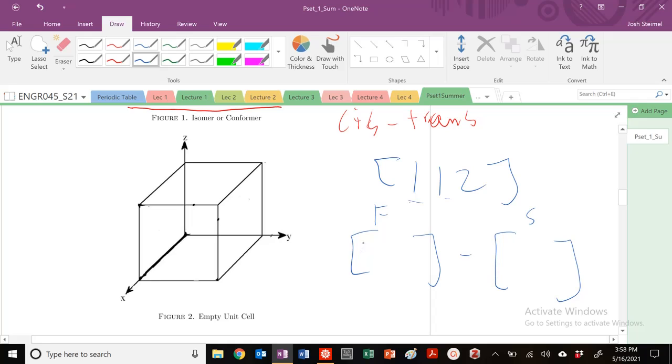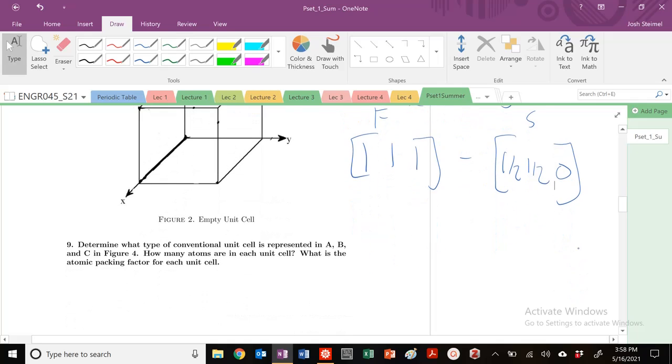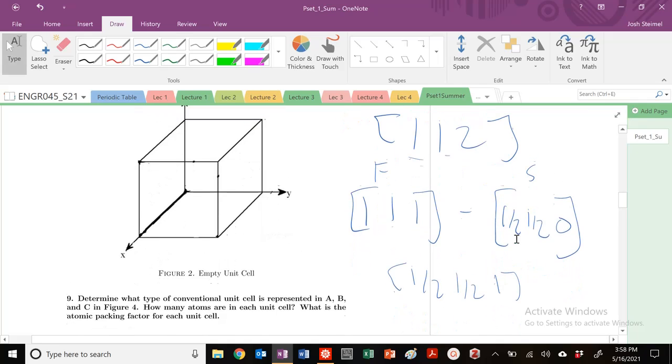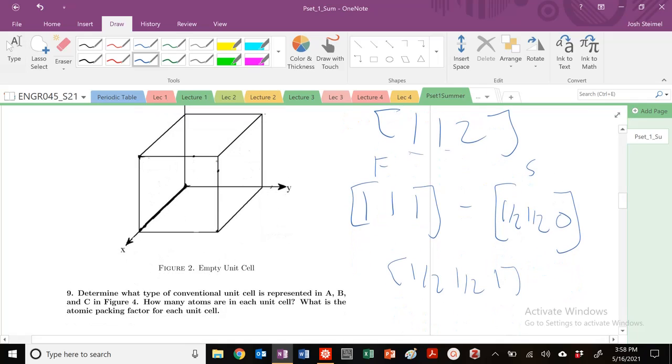So this could be basically 1/2, 1/2, and then this could be a 1 and a 0. What is that going to leave me with? It's going to leave me with a half, and then 1, and that will leave me, multiplying it out, my finish is going to be 1 1 1. So that's going to be my arrow, and my start is just going to be right here. So there we go. Finish minus start.